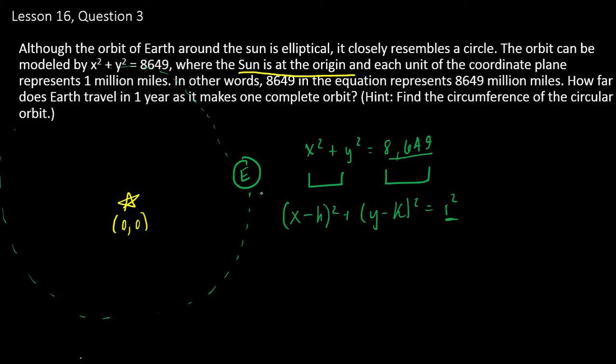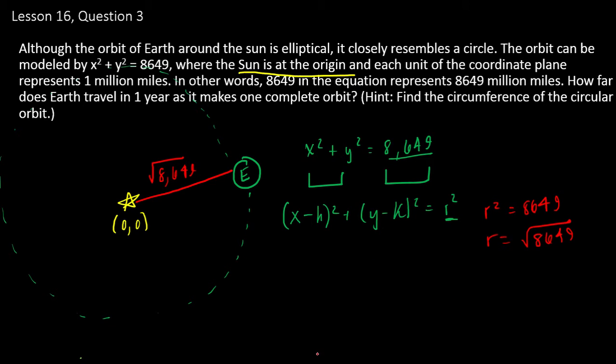Well, because I'm being asked to figure out how far the Earth travels in its orbit. And another word for that is circumference. So I know that r squared is equal to 8,649, which means that r is equal to the square root of 8,649. So at any given time, the distance between the Sun and the Earth is the square root of 8,649 million miles.